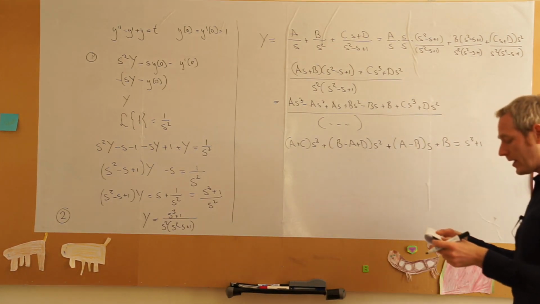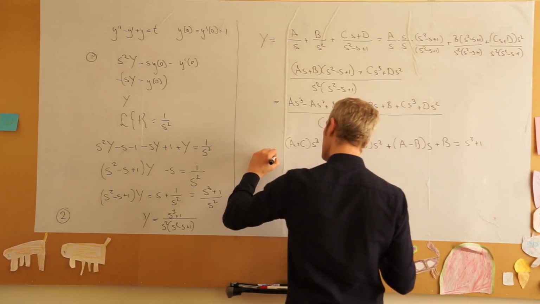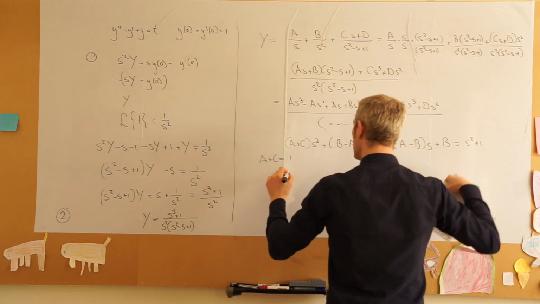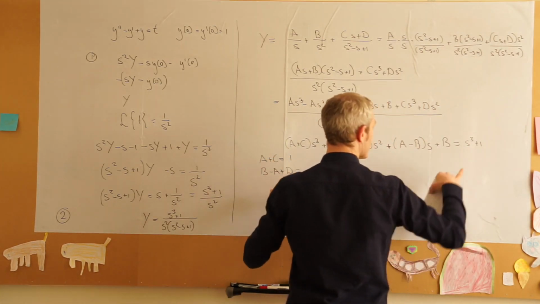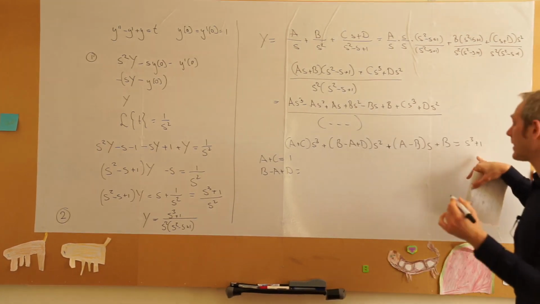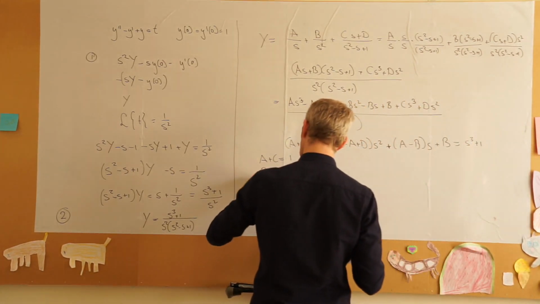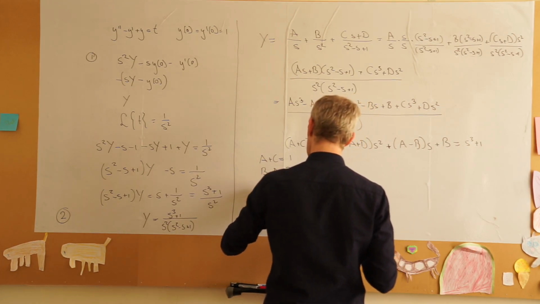So we get four equations. We get A plus C equals 1 here. We get B minus A plus D. Well, there's no s squared term here, so that has to be equal to 0. We also know that A minus B has to be equal to 0, and that B is equal to 1.